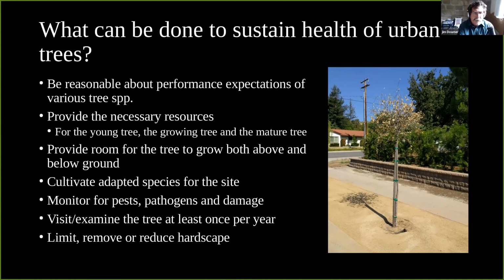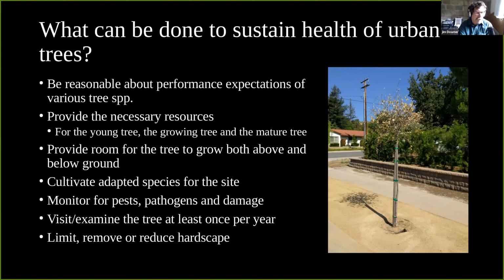We have to provide the necessary resources for success. And this will be mulch, which you see none of here. You see decomposed granite. That's not really a good mulch for trees, as it's not organic. And irrigation. And not so much fertilizer, not so much pesticides. We need to provide room for the tree to grow both above and below the ground.